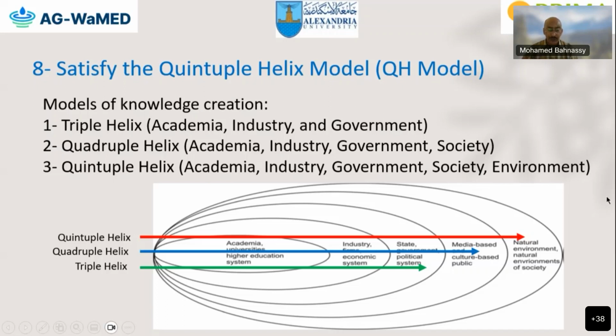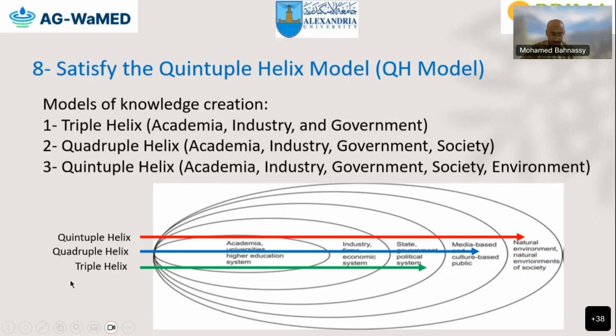So we should have five types of stakeholders included in the stakeholder list, stakeholder analysis, and stakeholder mapping. This is very important. And we can see from the figure below that we have five helix.